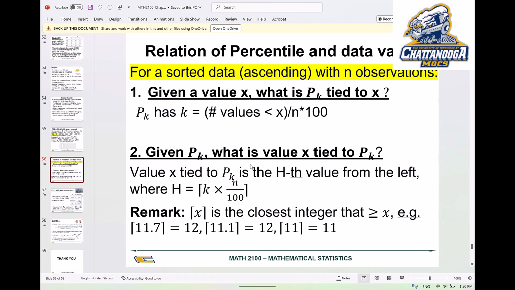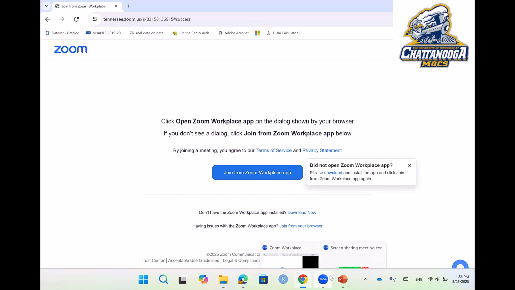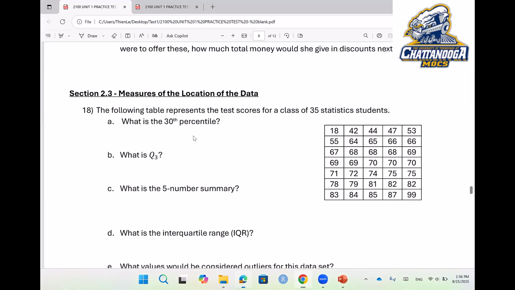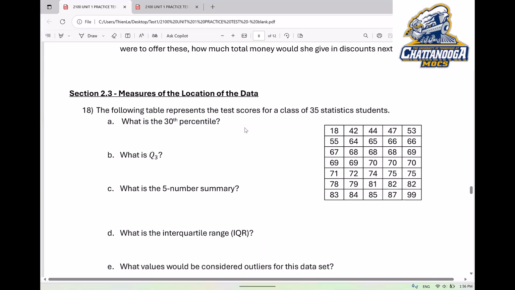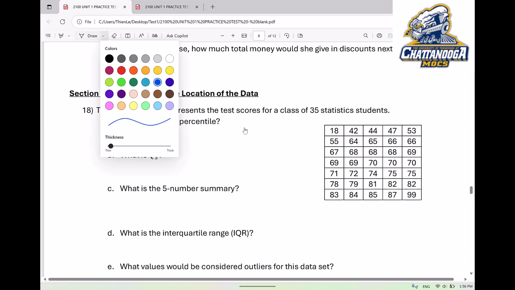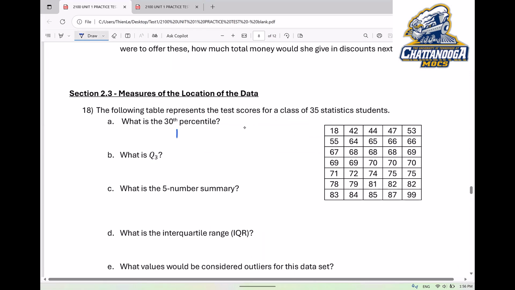So given that, you can obtain this value easily, right? By doing this calculation. So the h-th value from the left is equal to k, which is 30, times n, which is 35, and divide by 100.